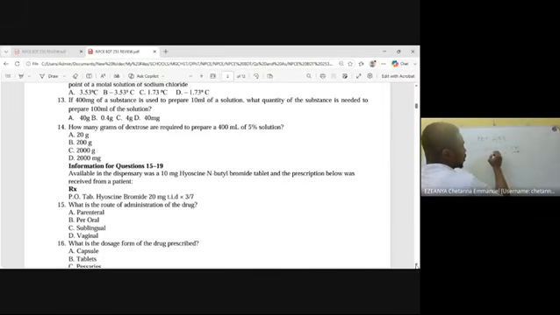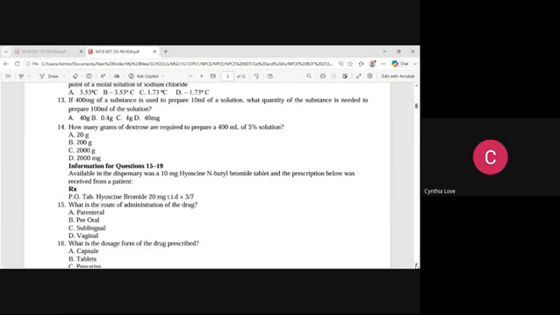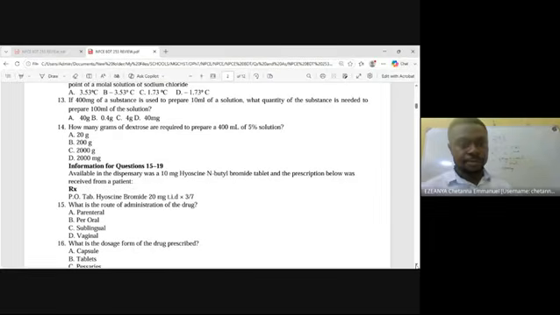We call it X. X is equal to 400 milligram times 100 ml over 10 ml. The ml cancels, so this will give us 4,000 milligram. But we have to find it in gram. We are asked to find it in gram.